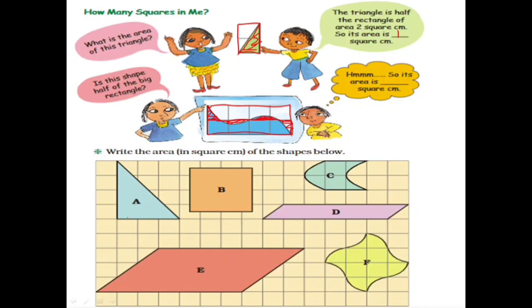So we have proved that this blue shape is half of the big rectangle. So can we write yes here? Clear? Now here the other child says, so its area is 4 square centimeter.